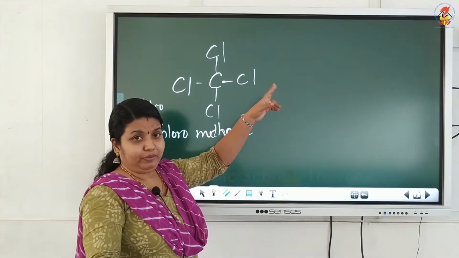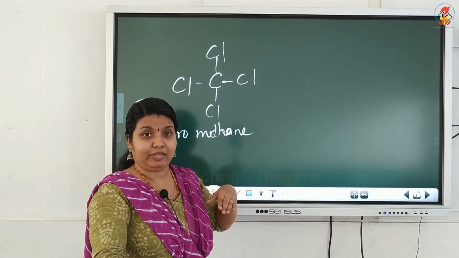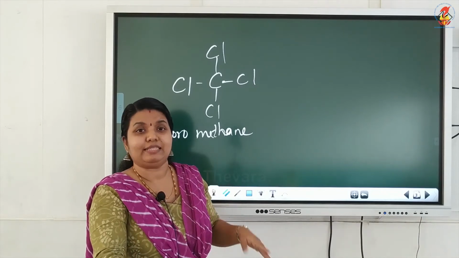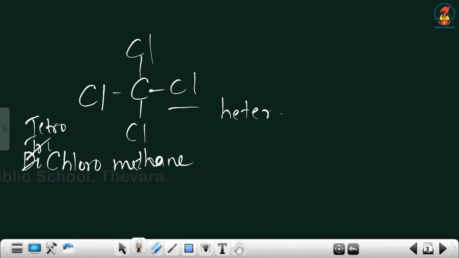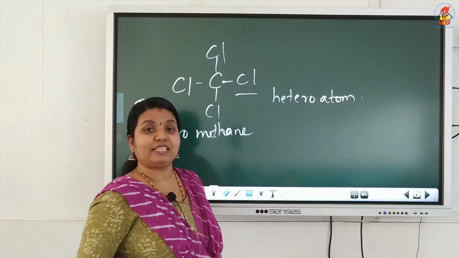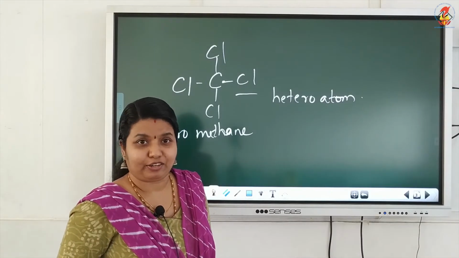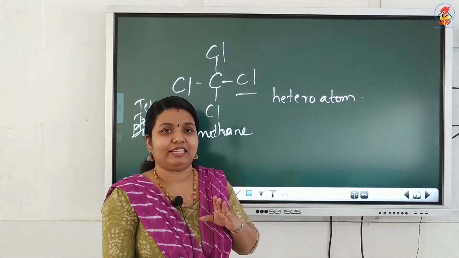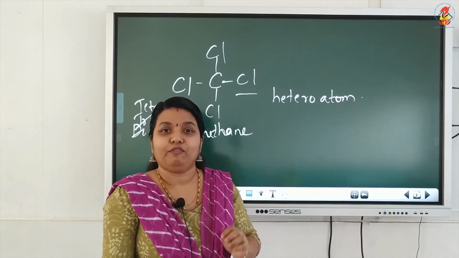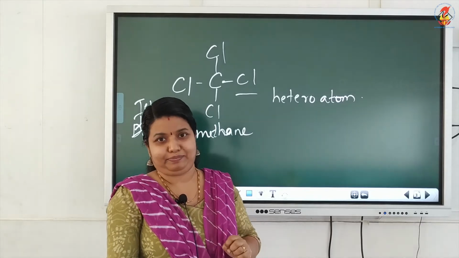In such a compound, the element that replaces the hydrogen atom is known as a heteroatom. So, in a hydrocarbon chain, other than carbon and hydrogen, if any other element is present, we call it a heteroatom.